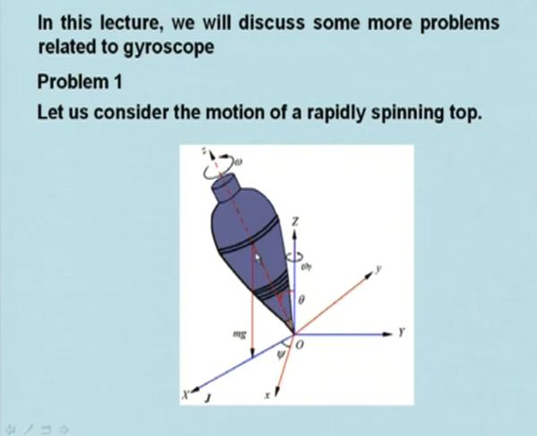Its weight is mass times gravity, mg, directed downward, and this is omega p.